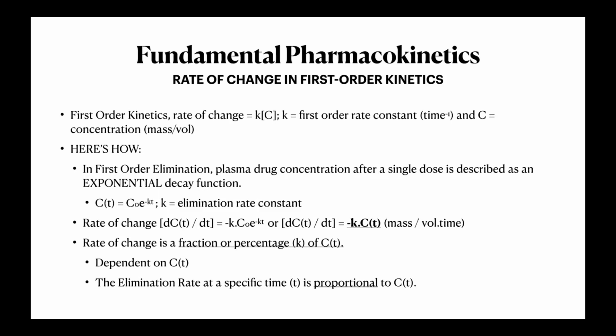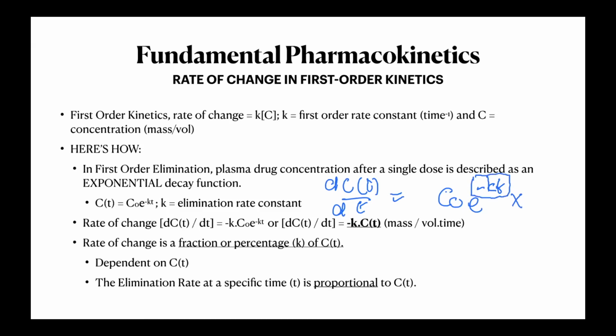When we look at an exponential decay function, and we're differentiating to find the rate of change, the rate of change of concentration with respect to time for an exponential function is the exponential function itself, multiplied by the differentiation of the exponent.